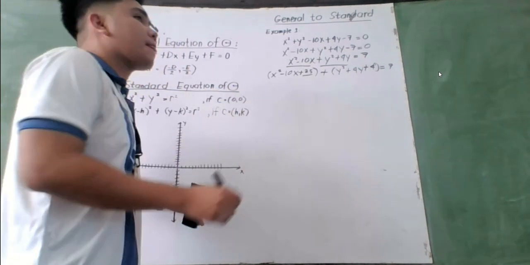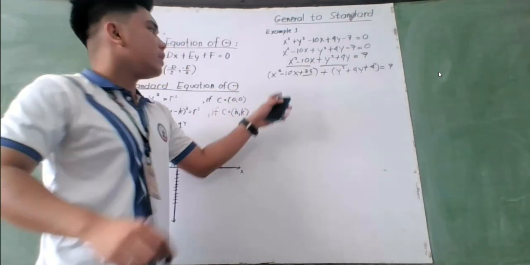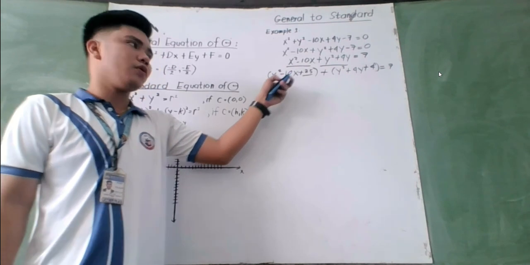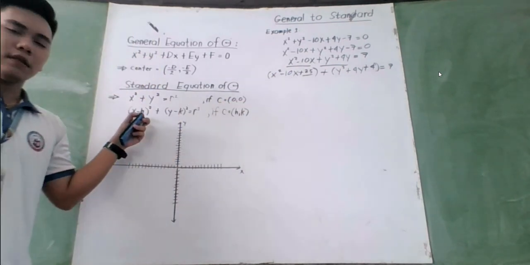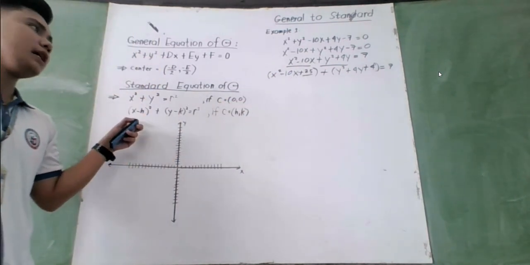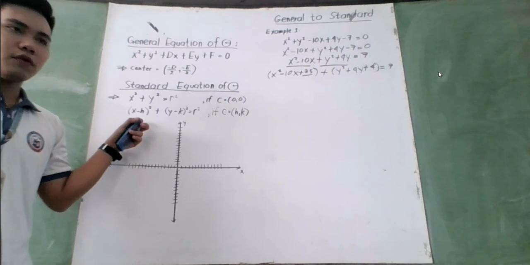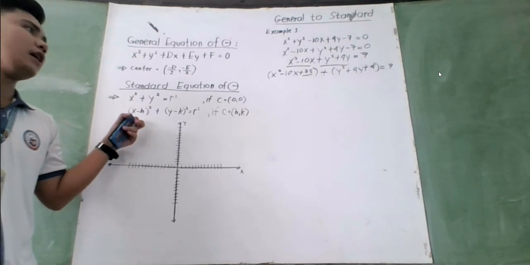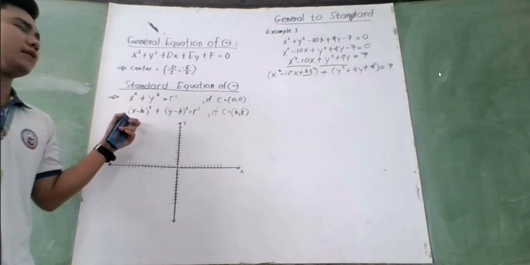Next step. As you can see, this can be formed into this form by using factoring. How can you factor this out?